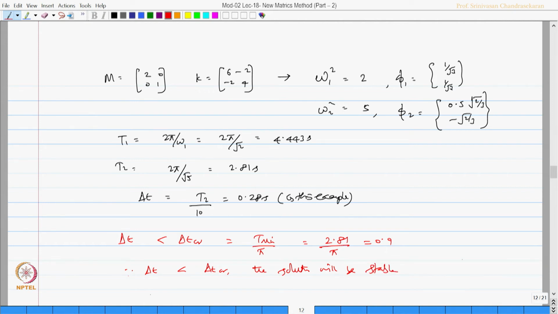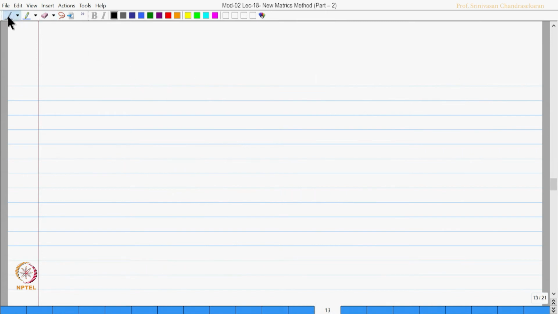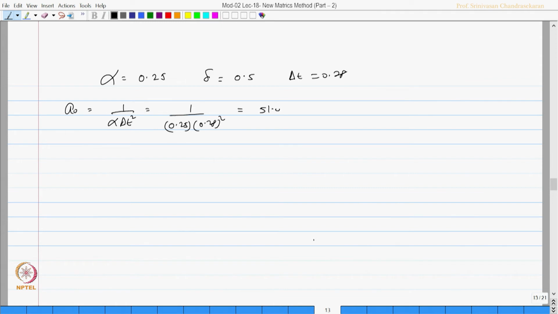Once I do this, then let us calculate integration constants for alpha equals 0.25, del equals 0.5 and delta t equals 0.28. So, A 0 is 1 by alpha delta t square, which is 1 by 0.25 of 0.28 square, which gives me 51.02. A 1 is del by alpha delta t, which is 0.5 by 0.25 of 0.28, which gives me 7.14.